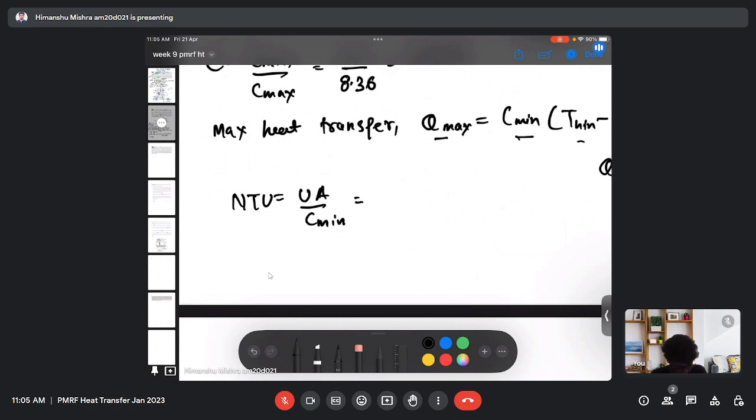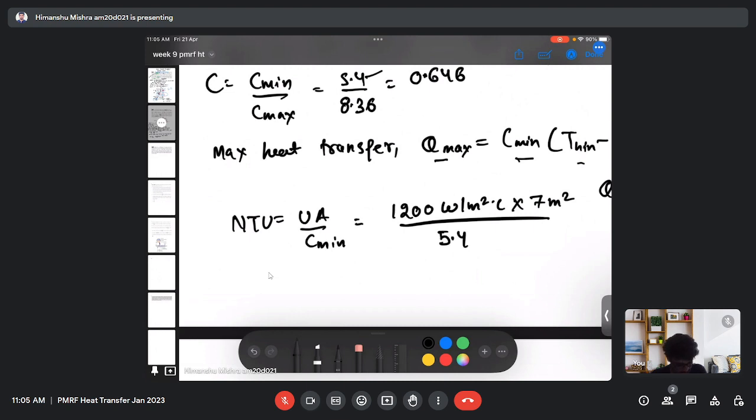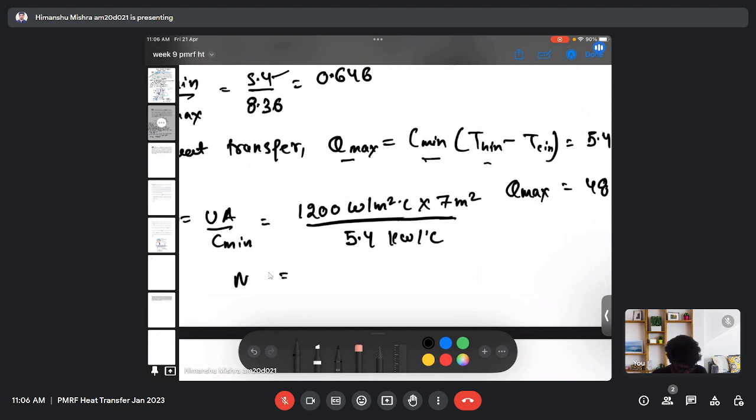My U is 1200 watt per meter square degree Celsius, my area is 7 meters square, and my minimum heat capacity rate is 5.4 kilowatt per degree Celsius. On calculating this, I get my NTU as 1.556. So I got my NTU and I got my maximum heat transfer.